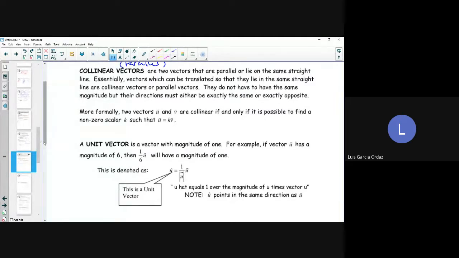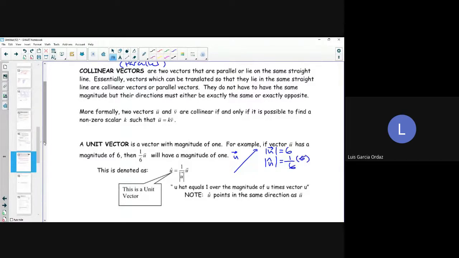So for example, if I have my vector u, which is over here, let's say this is vector u, and I have the magnitude of my u is equal to 6. My unit vector will give me a magnitude of 1, which means that the magnitude of my unit vector is equal to 1 over 6 times 6.